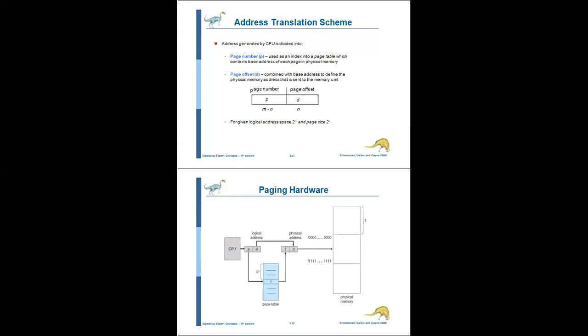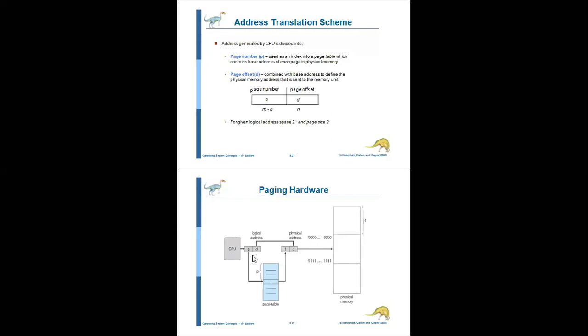Every address generated by the CPU is divided into two parts: the page number and the page offset. The page number is used as an index into the page table. So there is a page table here.